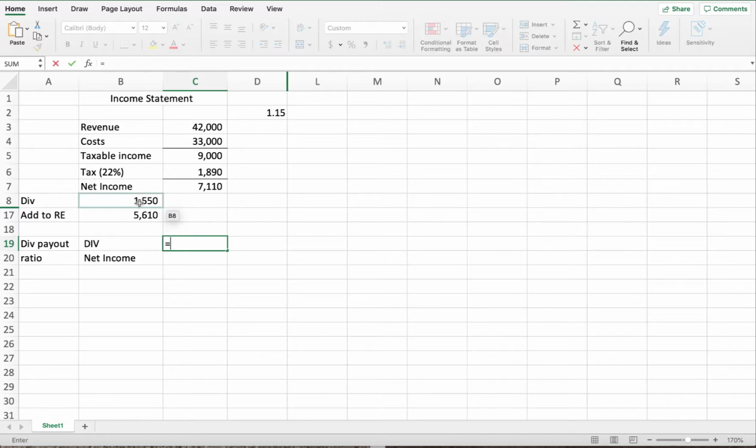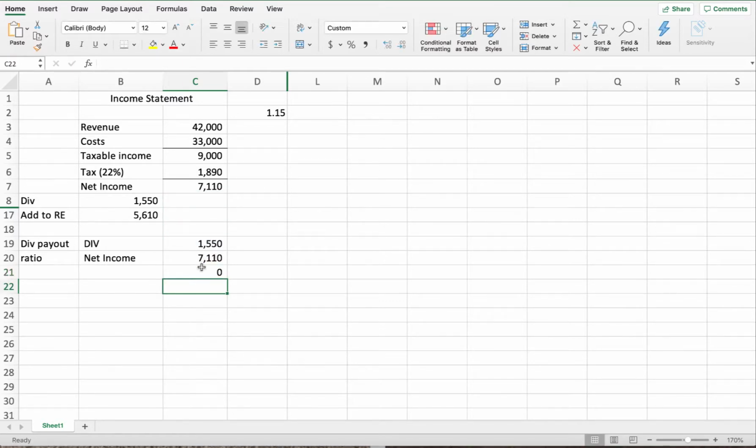If I take my dividends, which the problem tells us are $1,500, and divide by my net income, I get a dividend payout ratio of 22%.